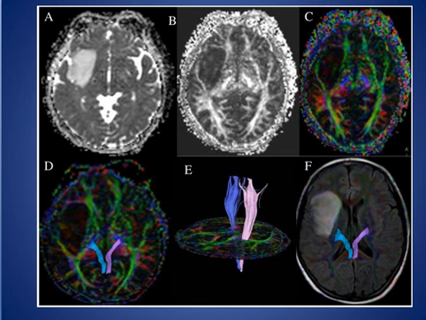Another patient with low-grade astrocytoma, and we see the corticospinal tract on the right side a little bit deviated due to mass effect of this tumor.